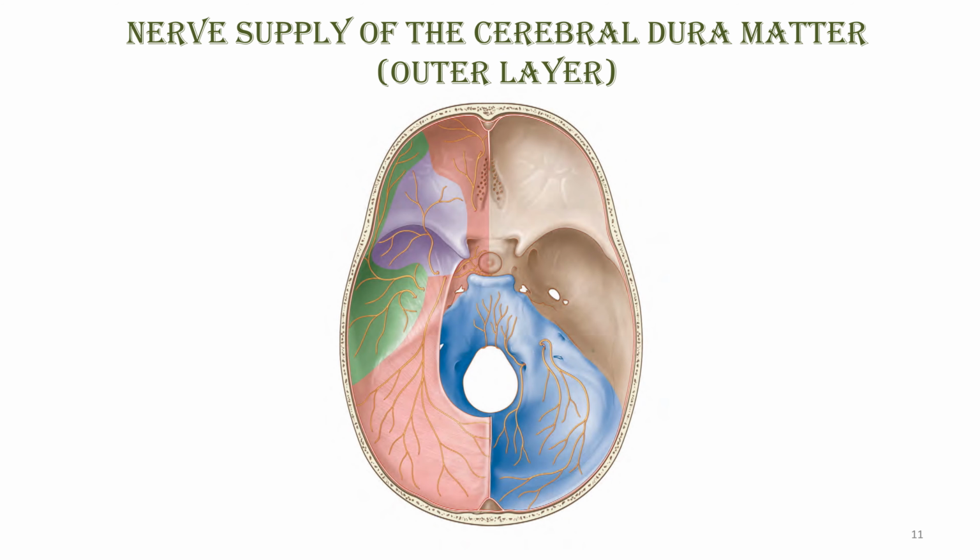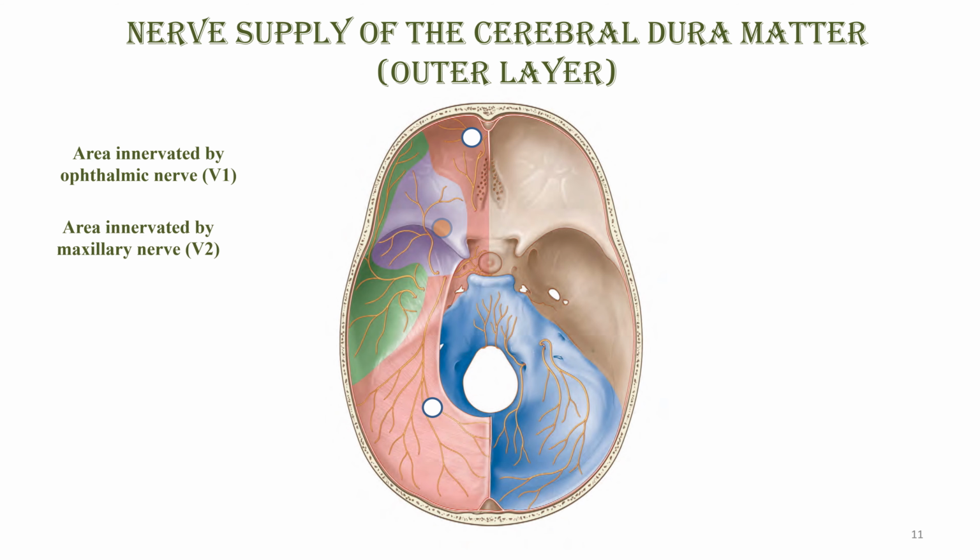Now the nerve supply of the cerebral dura mater, the outer layer, we said it is supplied by somatic nerves. So here, that is the area which is supplied by the ophthalmic division of the trigeminal nerve. That is the area supplied by the maxillary division, V2.